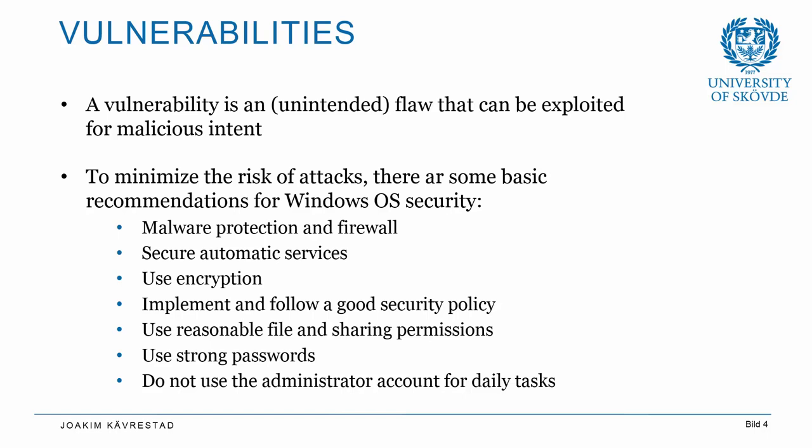We need to keep track of what services run in our network, what services are automatically started on our Windows machine, and secure or preferably disable those that we don't need. Another recommendation is that we should use encryption. We should encrypt files or our entire hard drive if we have sensitive information, to ensure that no one can read it if they steal our computer or if we just lose it.